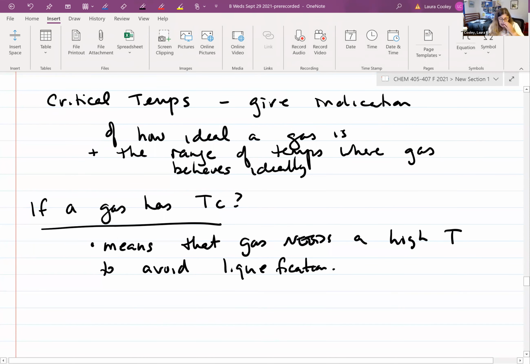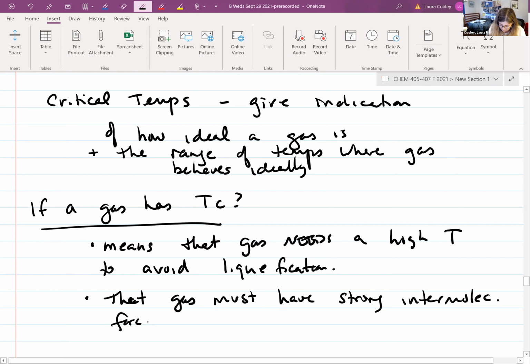Okay, so what that says is that that gas must have considerable or large attractive forces between its molecules. Must have strong intermolecular forces. In other words, attractions between molecules.